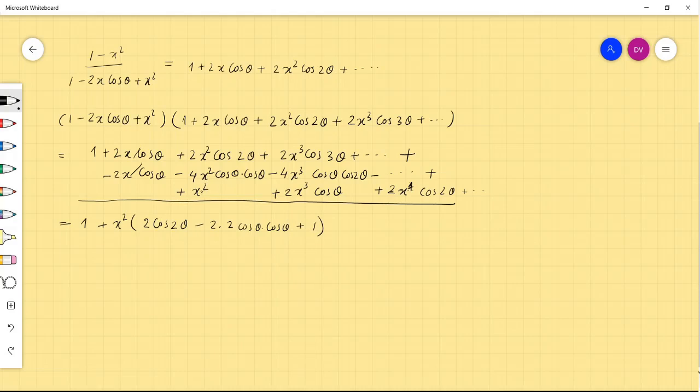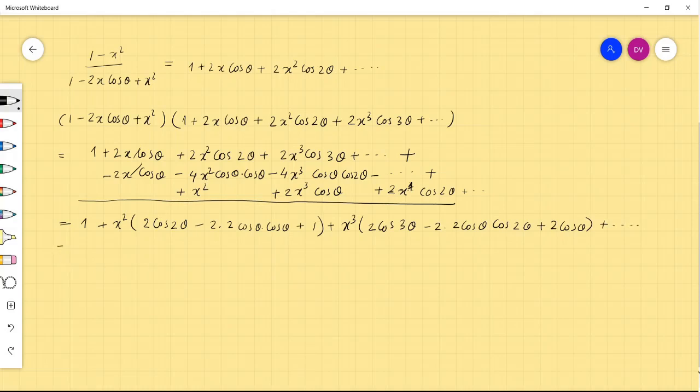From this we get 1 because we take this x² out. The next term will be plus x³ times 2 cos 3θ − 2 times 2 cos θ cos 2θ, then plus 2 times cos θ. Okay, this is the third term and so on.